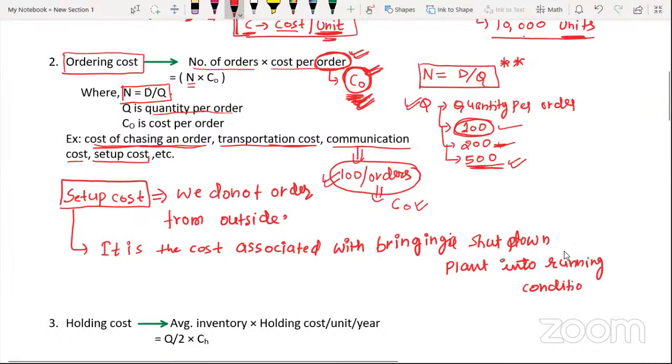There is a shutdown plant and you are going to bring it into a running condition. The cost included to bring the shutdown plant into running condition is known as setup cost.